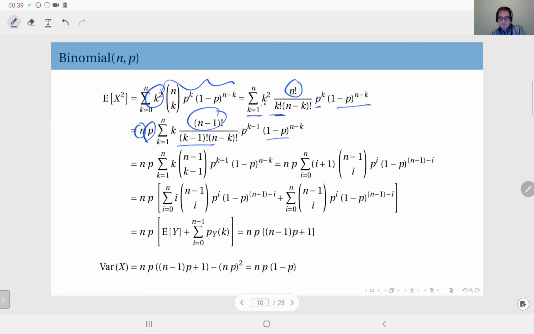So what now? Again, here I have n minus 1 choose k minus 1. In the expected value computation, we did not have the k here. Now we do have the k. But when you make the variable change from k minus 1 to i, I will have again the range of the summation from 0 to n minus 1.